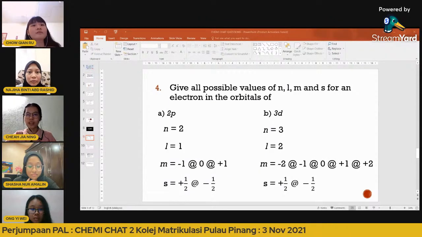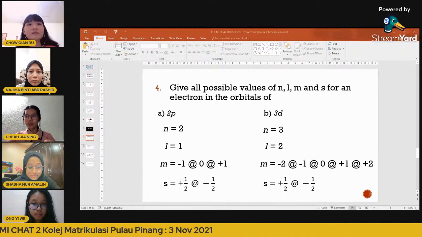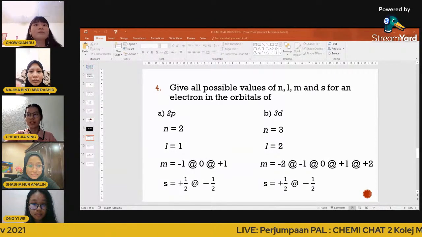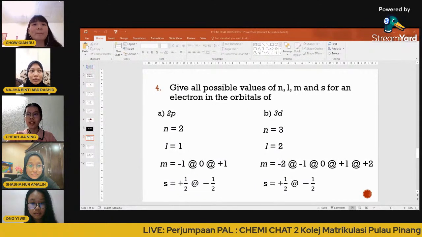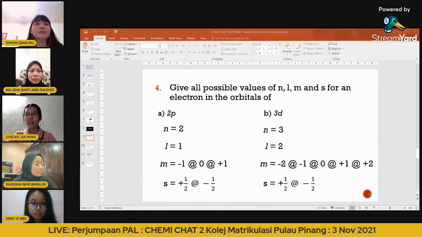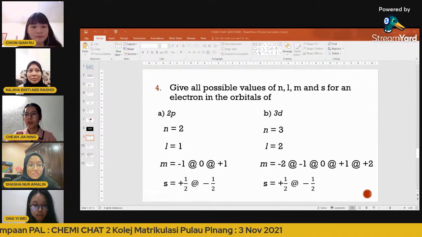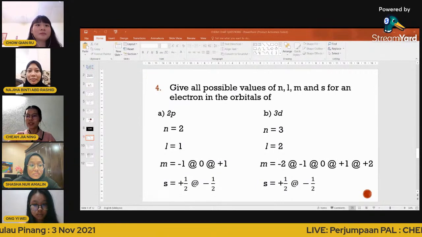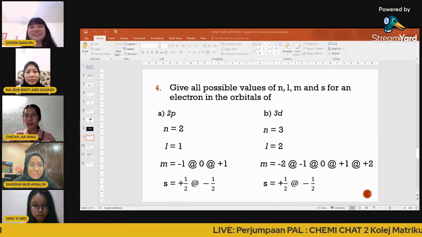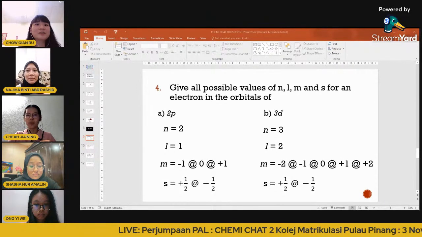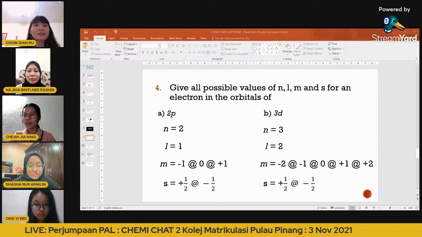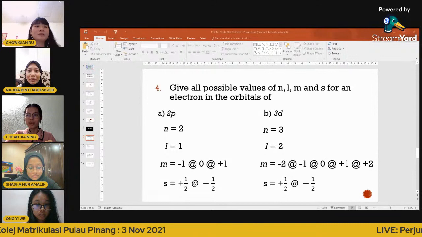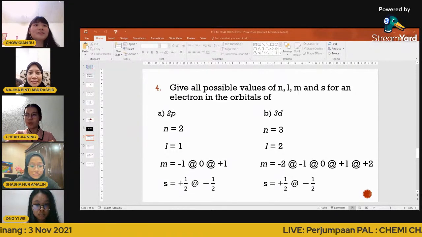In order to solve this question, we need some basic concepts. n is the principal quantum number which indicates the energy level and size of an orbital, while m is the magnetic quantum number which indicates the orientation of the orbital. l is the angular momentum quantum number which indicates the shape, and s is the electron spin quantum number which indicates the spinning motion of electrons.